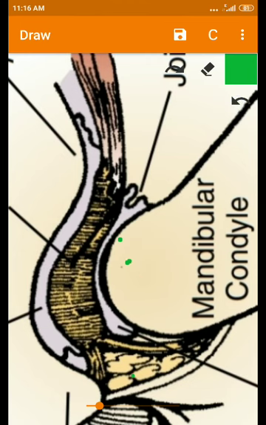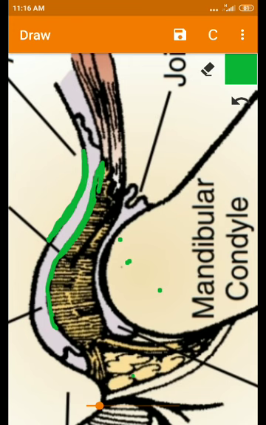Now we will see the upper joint of the temporomandibular joint. The upper joint is a gliding joint. The lower one is a hinge joint. The upper one is a gliding joint. It is formed by the articular eminence of the temporal bone and the superior surface of the articular disc.